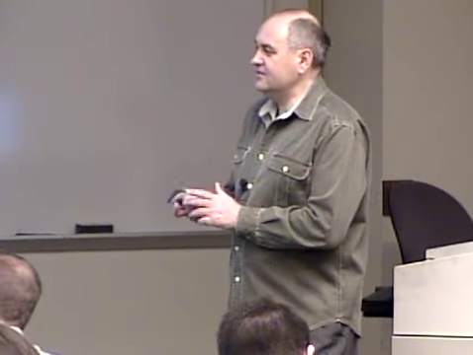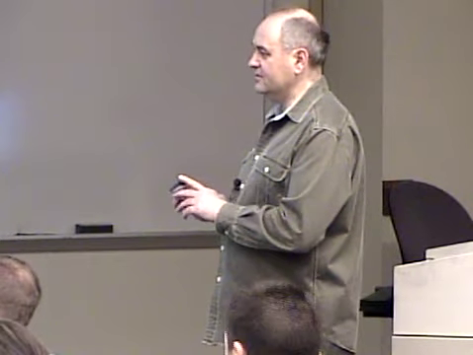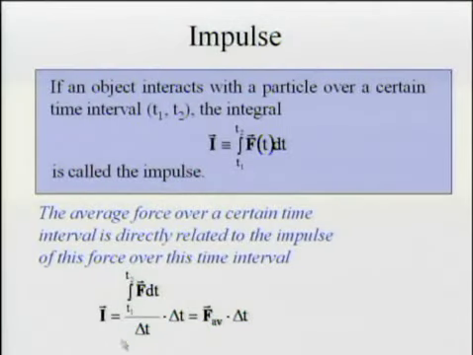Well, I can think about the time average value of the force. If we recall the definition of an average, it is the integral of a function divided by the size of the interval.